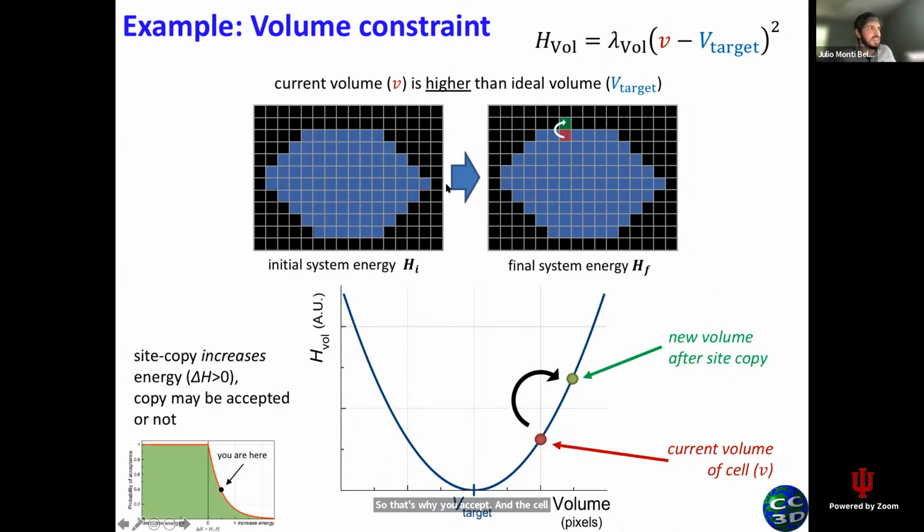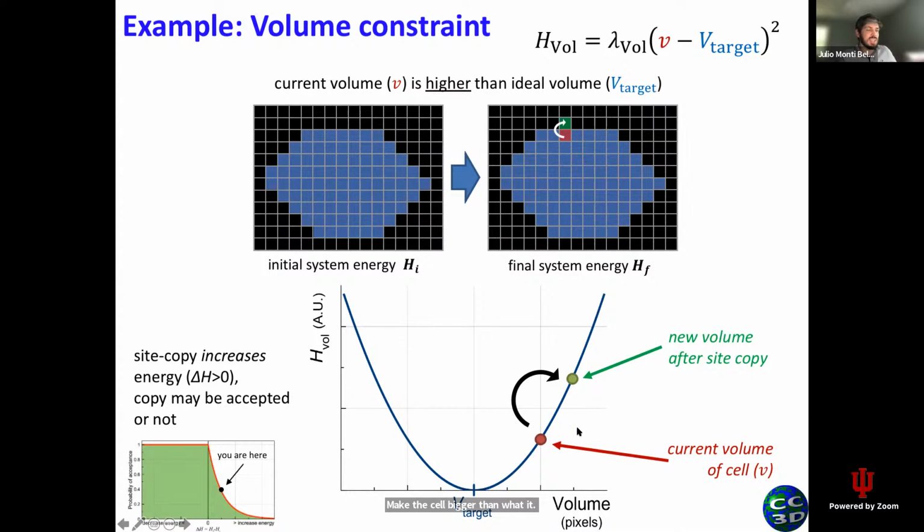But suppose the current volume of the cell, same copy attempt, but you set the target volume to be lower. So the current volume is actually higher than the ideal volume. Your current volume is here, and if you accept this pixel copy attempt, the new volume will be here, even higher. So you're already away from the ideal energy, and the copy attempt makes the cell even bigger than it's supposed to be.